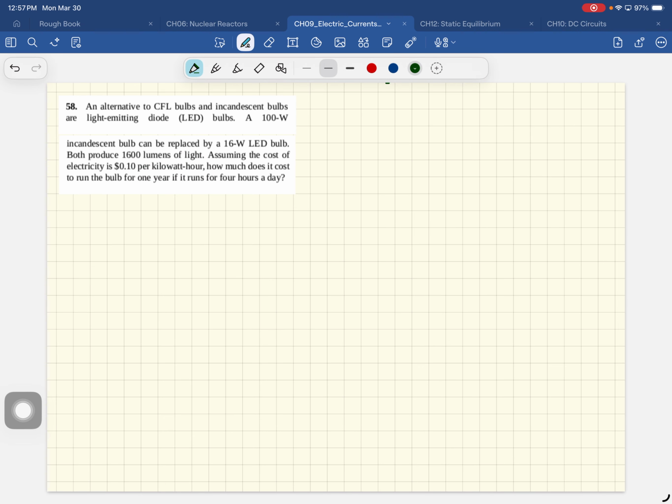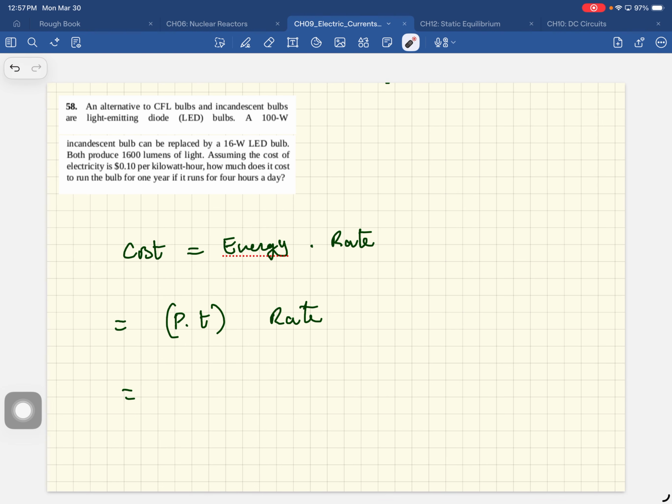So cost is equal to energy use times rate. Energy is power times time. And we'll calculate the energy in kilowatt hours.